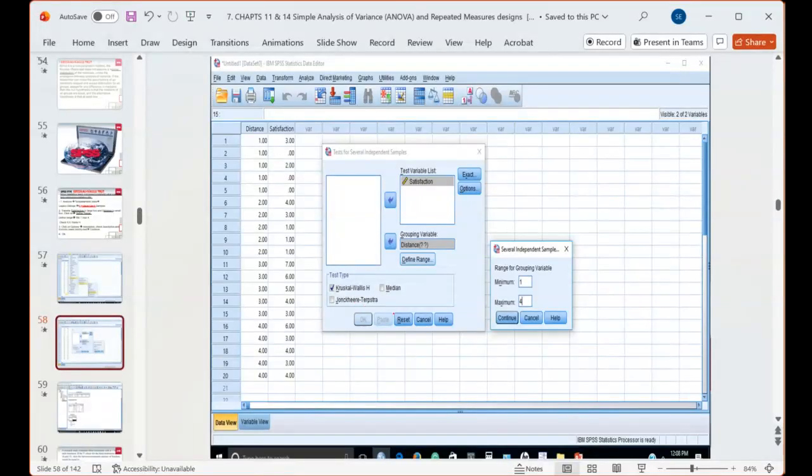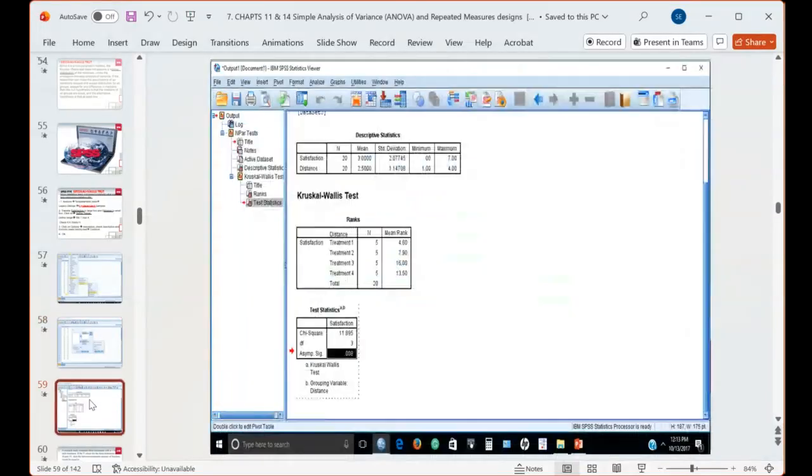And then the last thing is to make sure you select Kruskal-Wallis. And there you are. Now, again, we know that by default, alpha is 0.05, and the number that you see at the bottom table is 0.008.